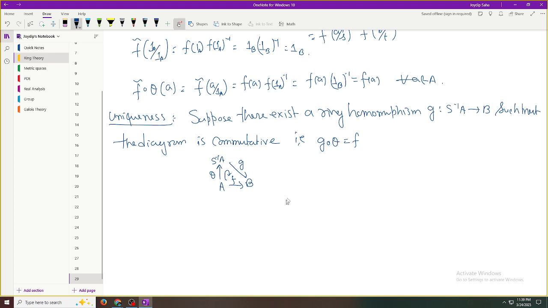Let a by s belong to S inverse A. Then what is g?